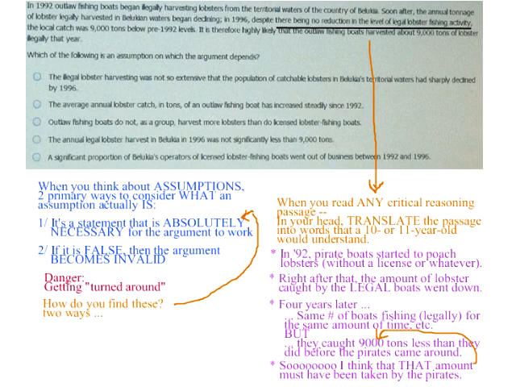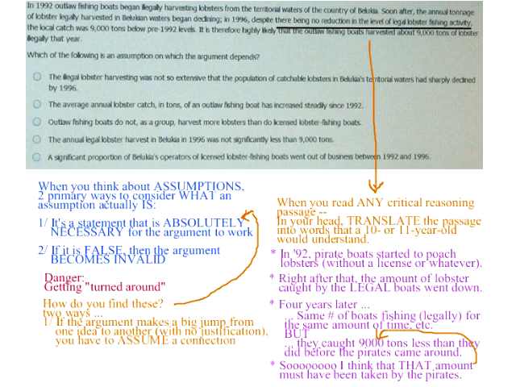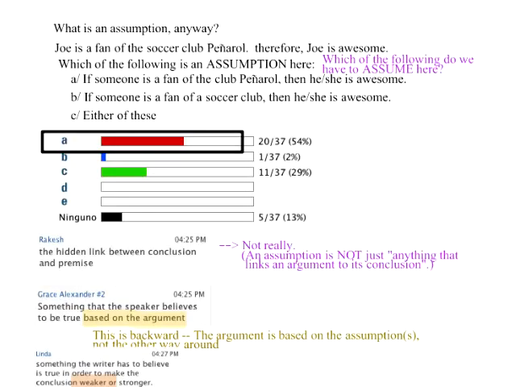The first is if the argument makes a big jump from one topic to another, like from one idea to another, with no justification for making that jump, then you have to assume a connection. That's what we did here.